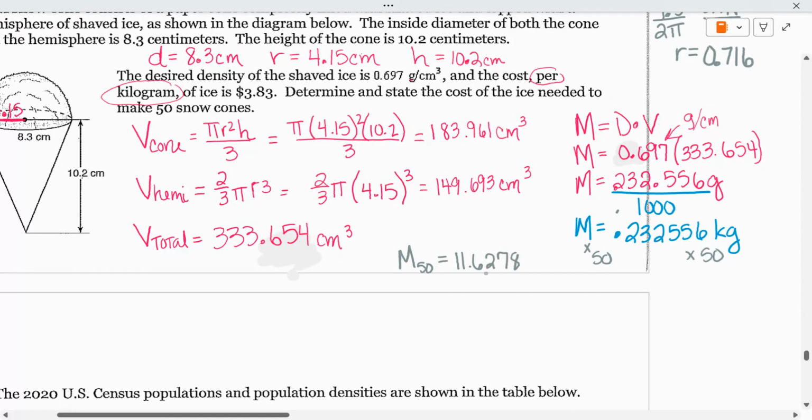Okay. So that's the mass for 50 cones. And what is the cost per kilogram? So times $3.83. And that'll tell us what it's going to cost. $44.53.